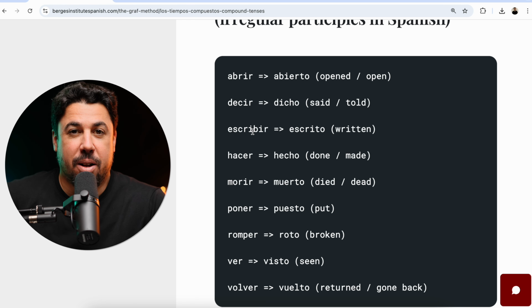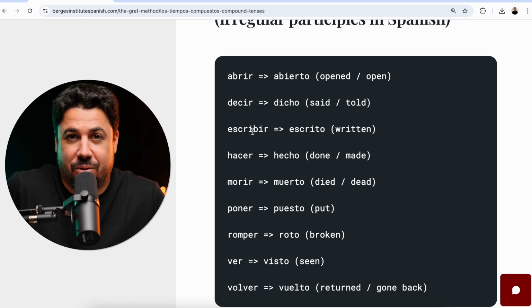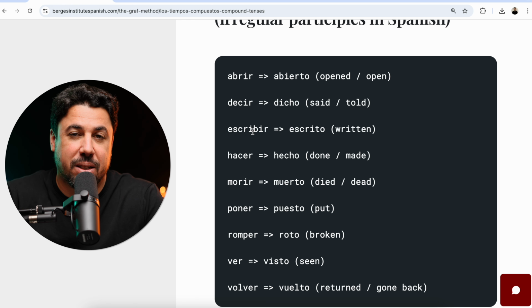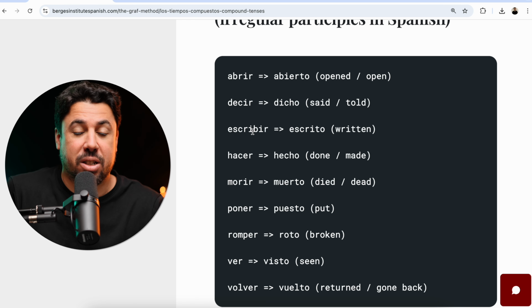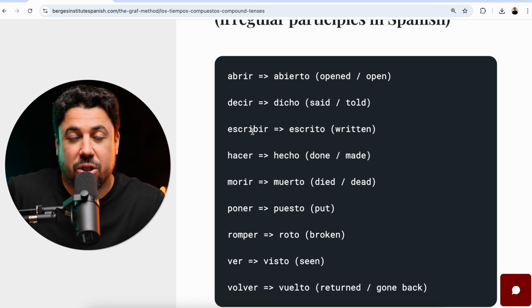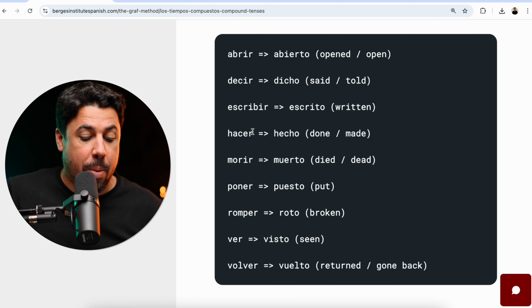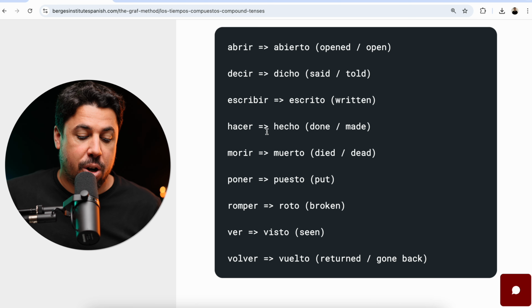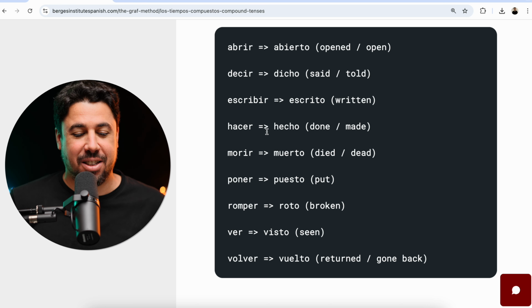So actually, children, when they are learning Spanish as their first language, tend to make mistakes with this because they tend to throw in the regular pattern. So instead of escrito, young children tend to say escribido, which is wrong. So hacer, done, is hecho. It's not hacido. Hacido doesn't exist.